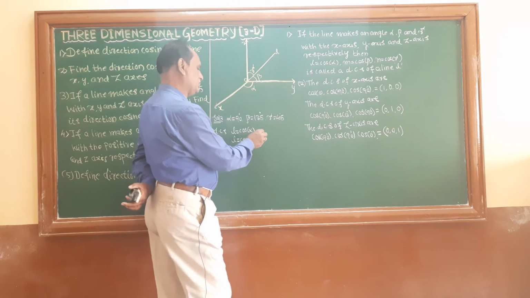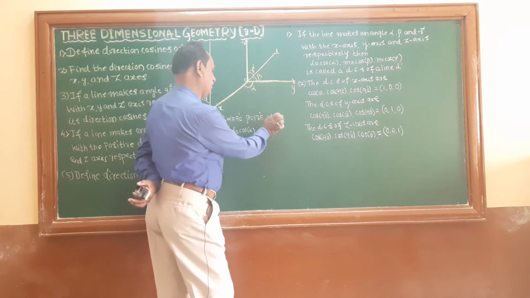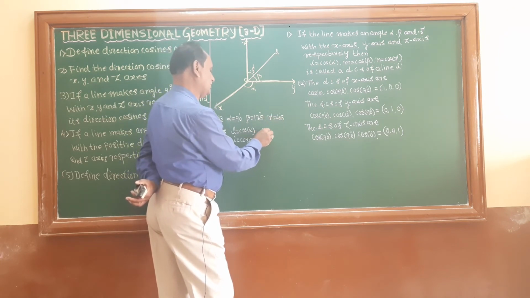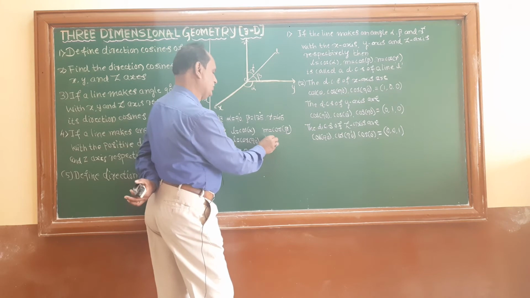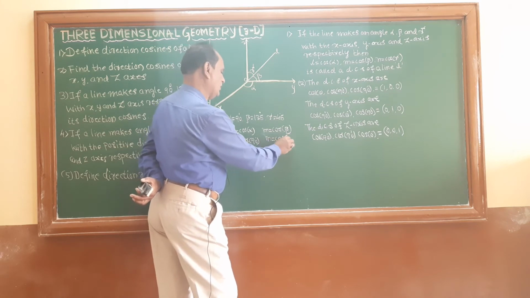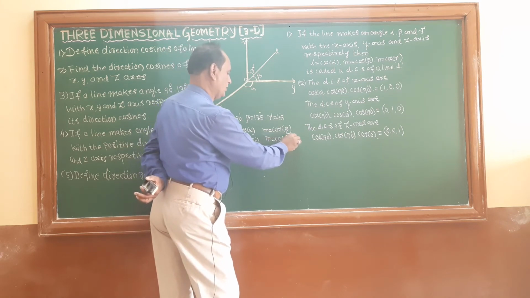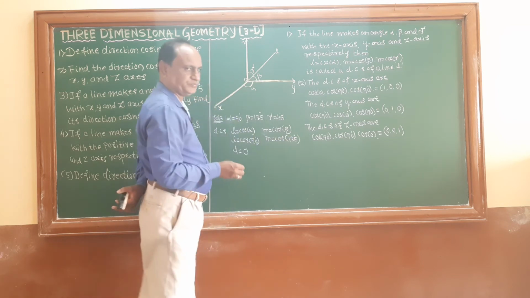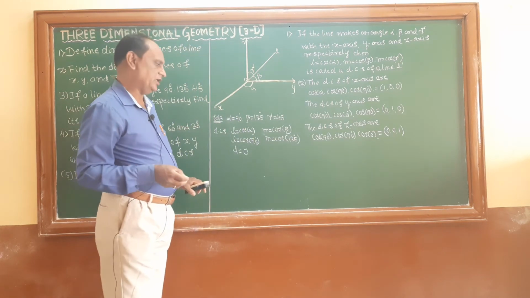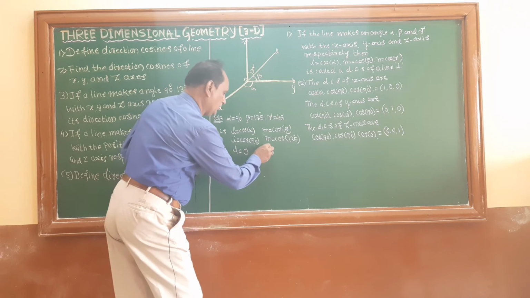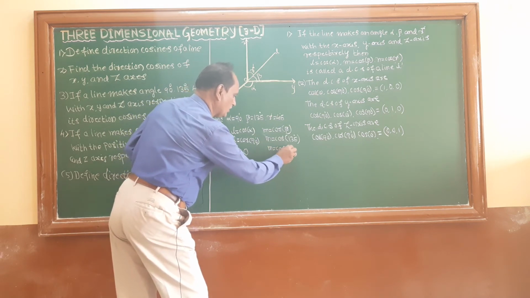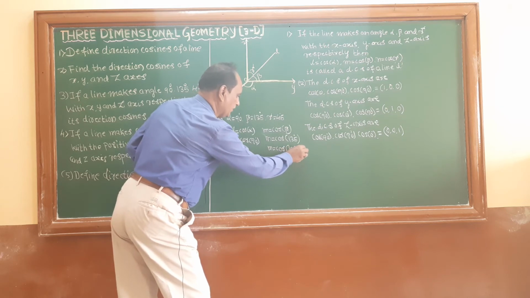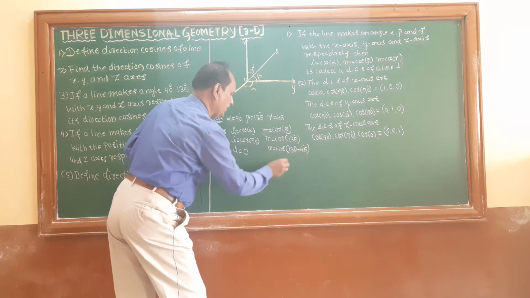Then next one, M is equal to cos beta, by definition. Therefore M is equal to cos of beta, that is 135 degree. Here 135 can be written as M is equal to cos of 180 degree minus 45 degree.